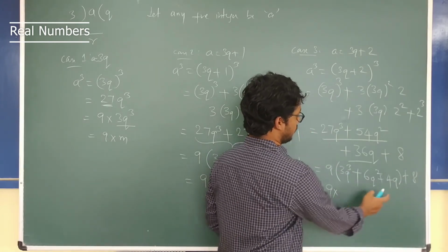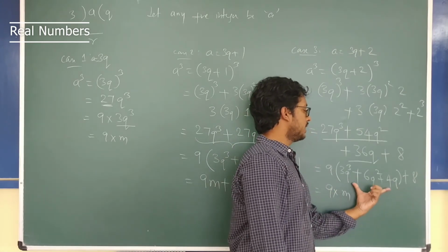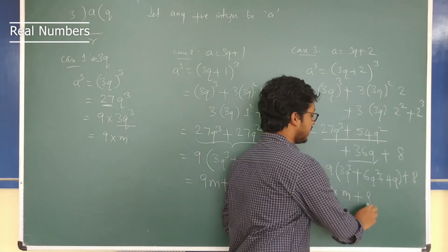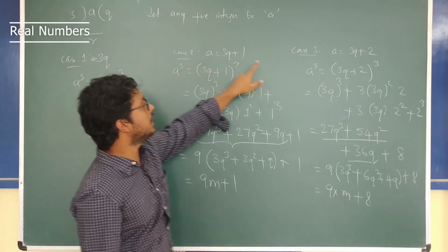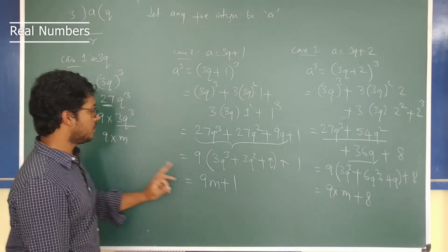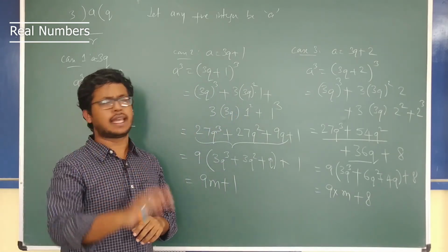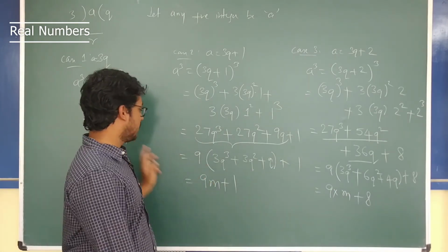So this whole thing inside can be written as m, because this is integer plus integer plus integer, which is again another integer m, plus 8. So now what did we prove? Cube of any positive integer, if you take, is either in the form 9m or 9m plus 1 or 9m plus 8. You can verify, take any cube and divide by 9. You will always get one of these.